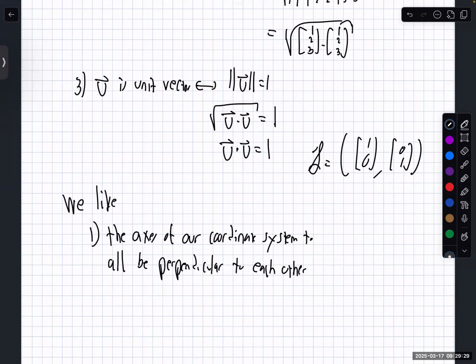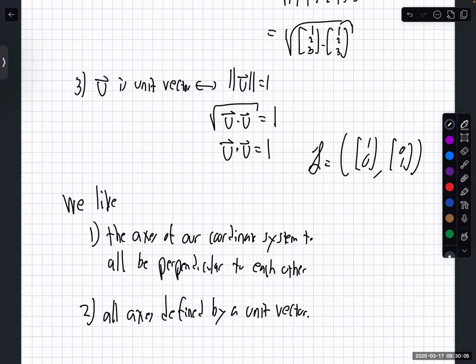There's two things we really like about the standard coordinate system. First is that the axes are perpendicular to each other. The x-axis and y-axis are perpendicular. And two is we also like it, just like the standard basis, when each axis is defined by a unit vector.